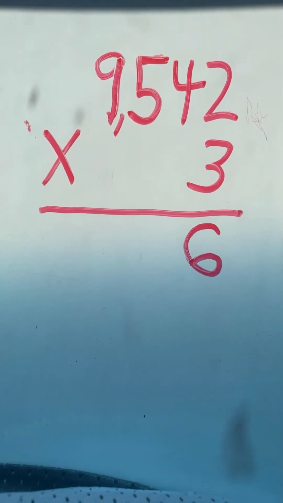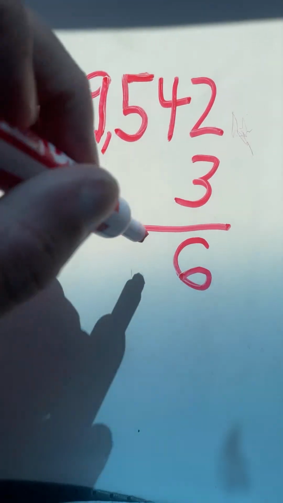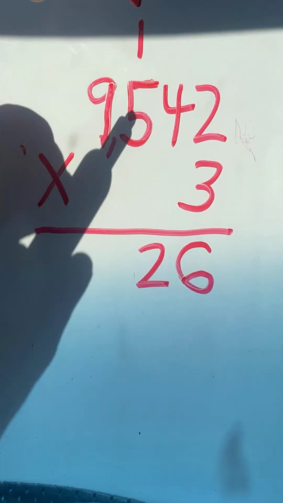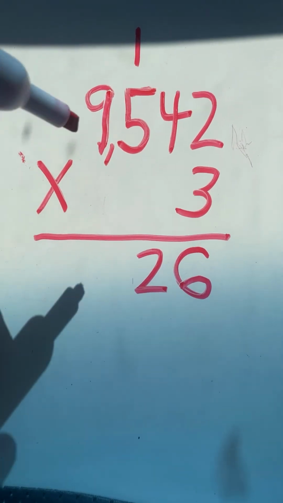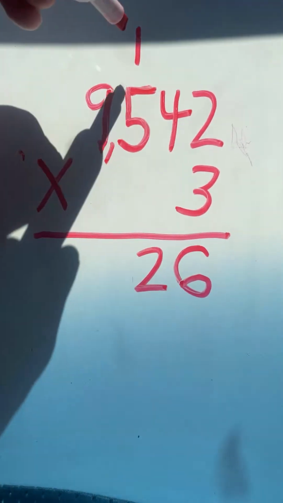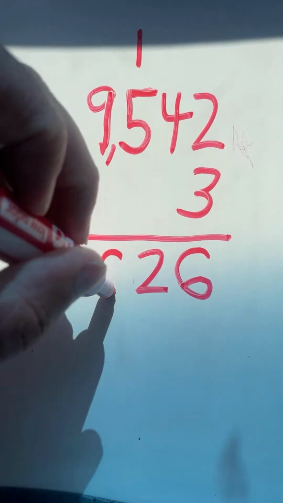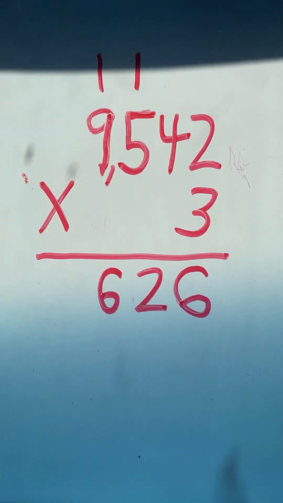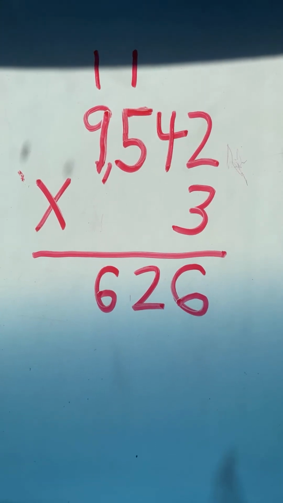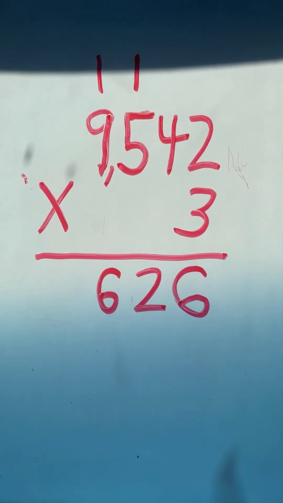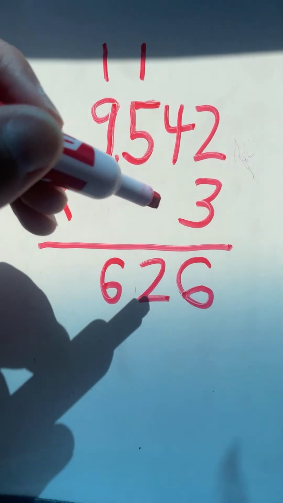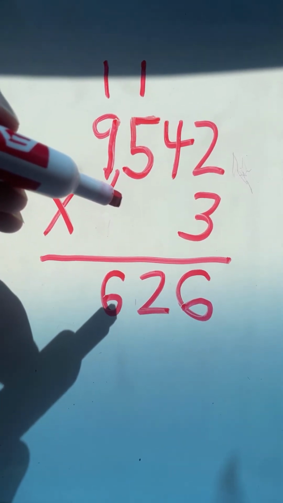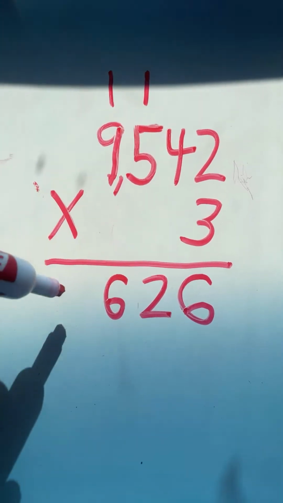Regrouping is not needed. 4 times 3 equals 12. 2 carry the 1. 5 times 3 equals 15, plus 1 equals 16. 6 carry the 1. 9 times 3 equals 27. Plus 1 equals 28.